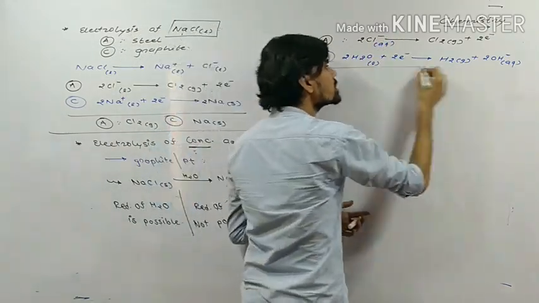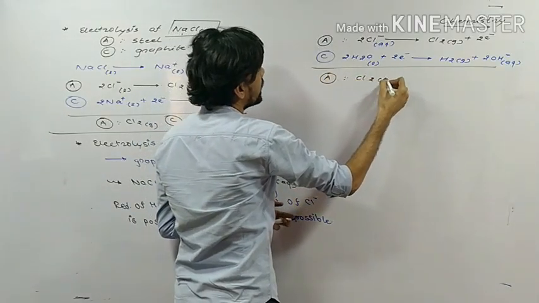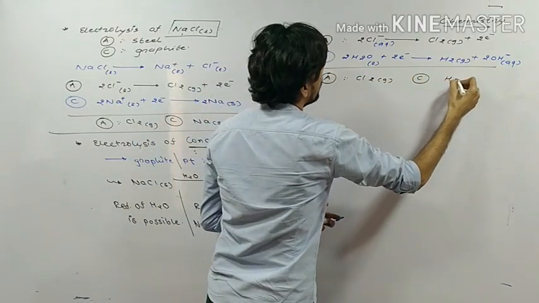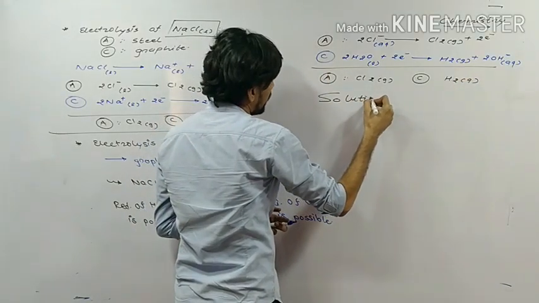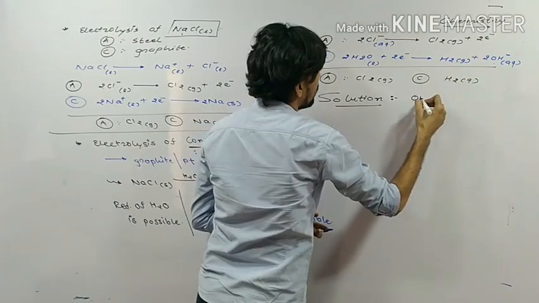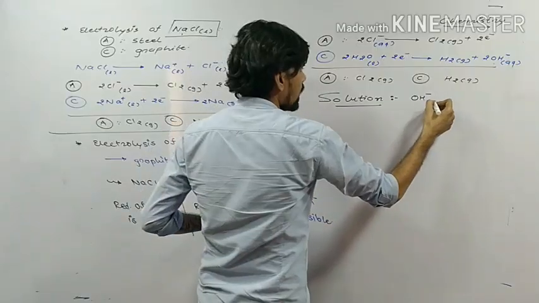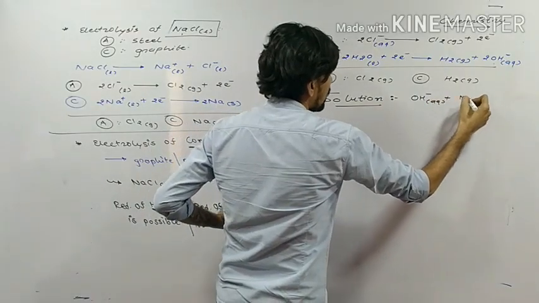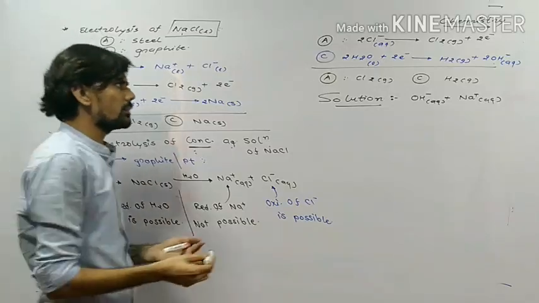After the complete reaction, at anode we get chlorine gas, at cathode we get H2 gas. In solution, OH- is present as aqueous. Na+ does not reduce, so Na+ aqueous is also present.